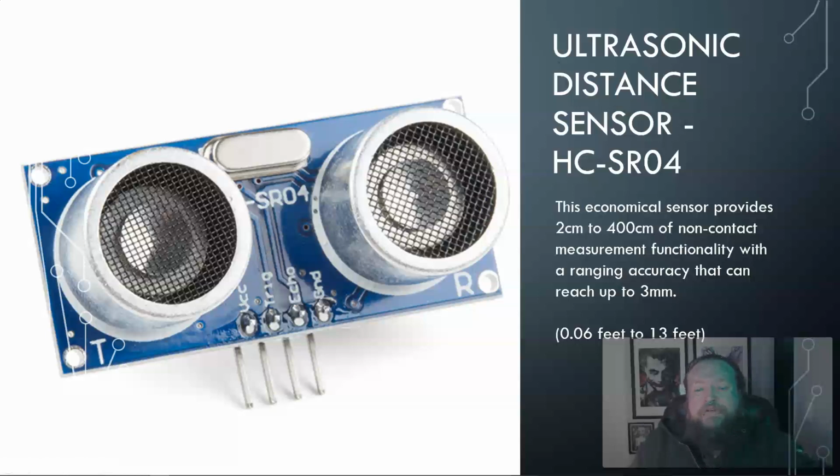Or if it's further away, and trust me, even at 400 centimeters, which is roughly 13 feet, the further you get away, the more other things could have an effect on it. Even the time it takes for the sound to come back, which is fast, the speed of sound is already quick, though slow compared to the speed of light. But at 13 feet, more things could go wrong.